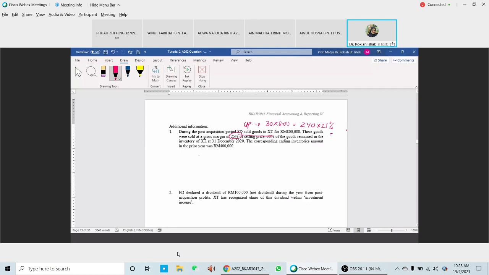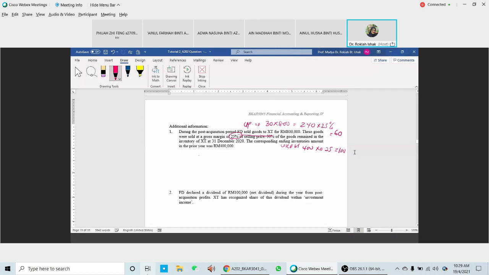So we have 60. Then it said that the corresponding ending inventory amount in the prior year was 400, so this is URP brought forward. 400 times 0.25 gives you 100.